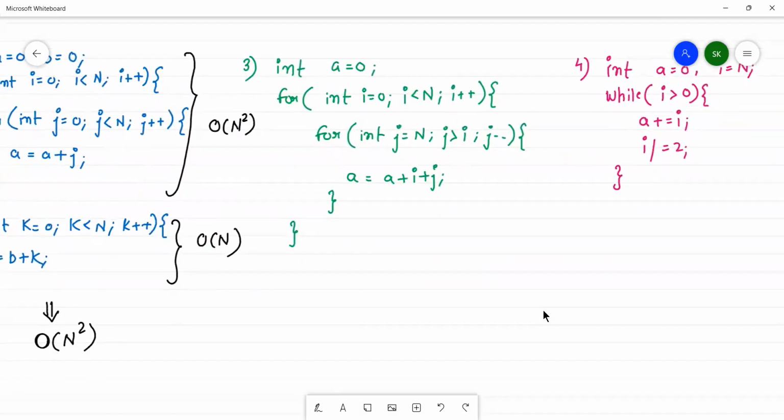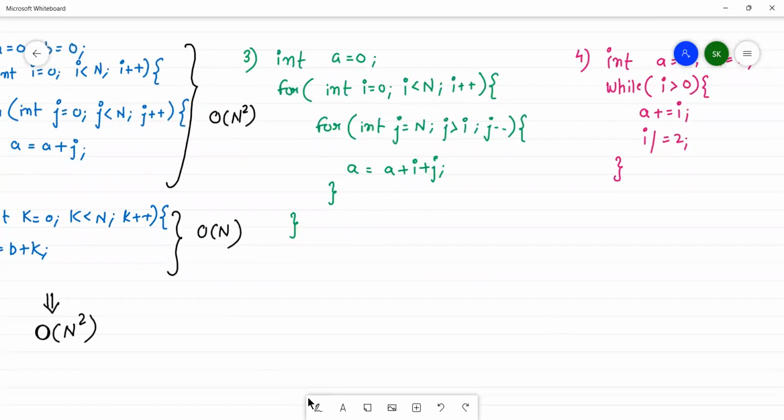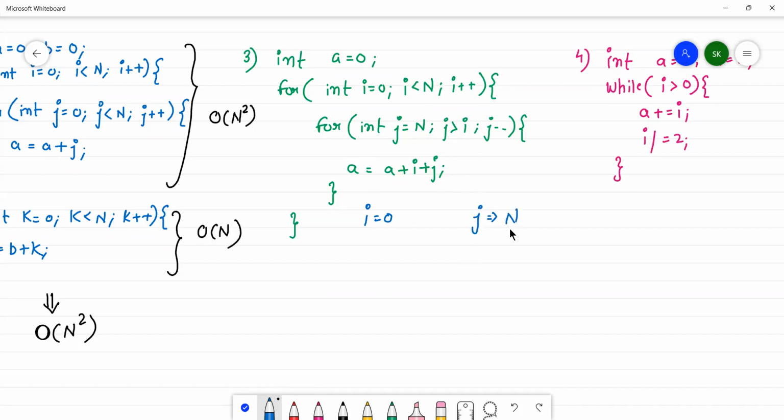Now let's move forward and see the third one. What will be the time complexity for this? You should know how to solve it. When your i is equal to 0, your j will run from n up to greater than i. So j will run for n times, that is from n to 1.